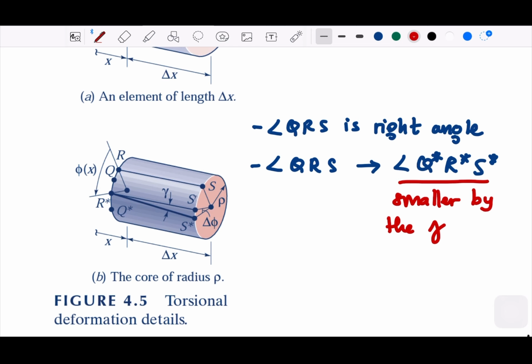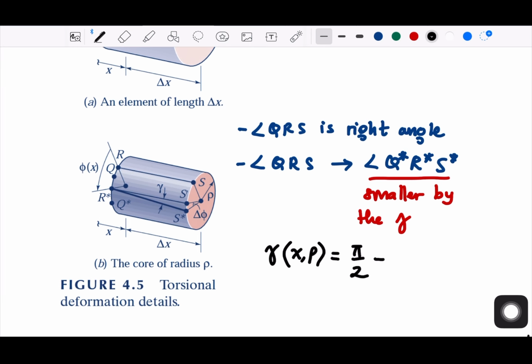Okay, if you remember this shear strain, if we take the function of x and rho, this will be pi over 2 minus the angle of Q, R, S.